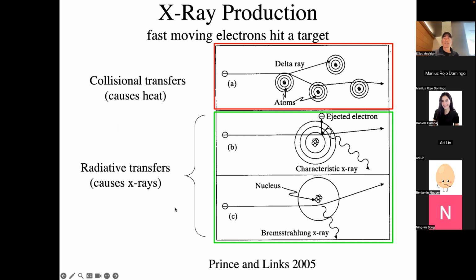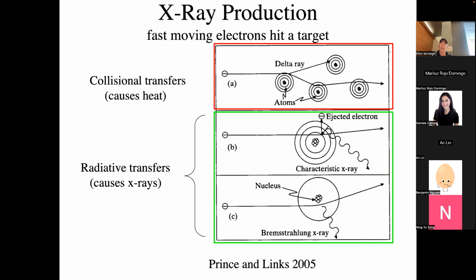What we're interested in is the stuff that causes X-rays to come out. And so an electron can come in here, and it can actually interact with an atom and knock one of the electrons of that atom straight out, right? And an electron in one of the outer orbitals can fill that spot. It'll drop down and fill that lower orbital that's close to the nucleus.